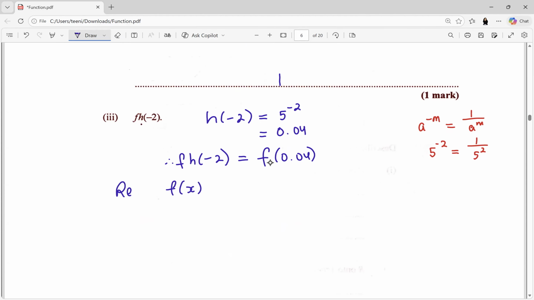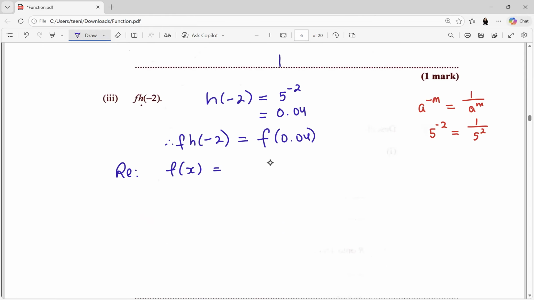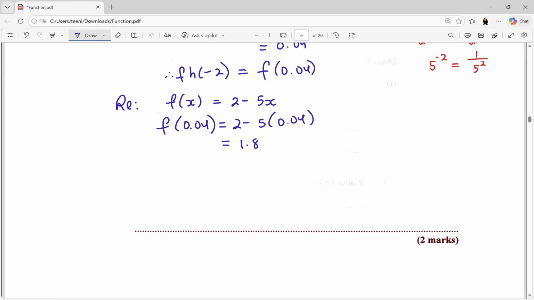Recall that f of x is equal to 2 take away 5x. So f of 0.04 would be 2 take away 5 times 0.04, and that is 1.8. So the answer is 1.8.